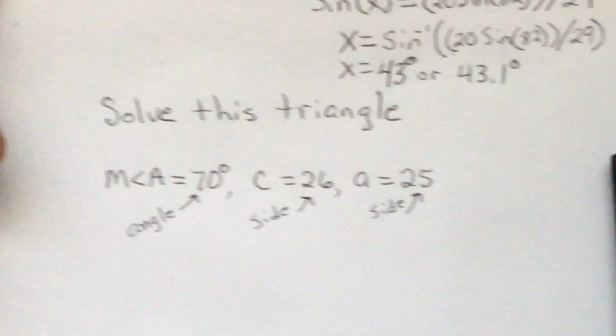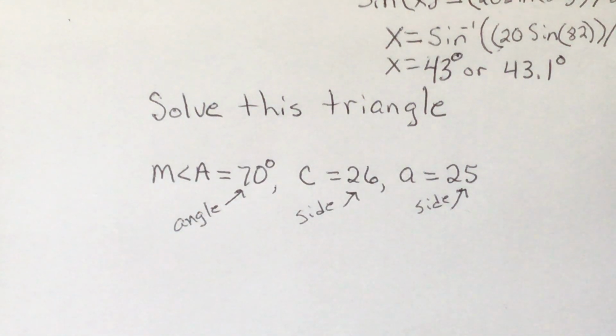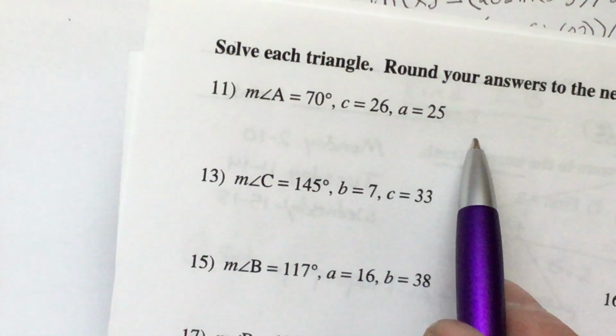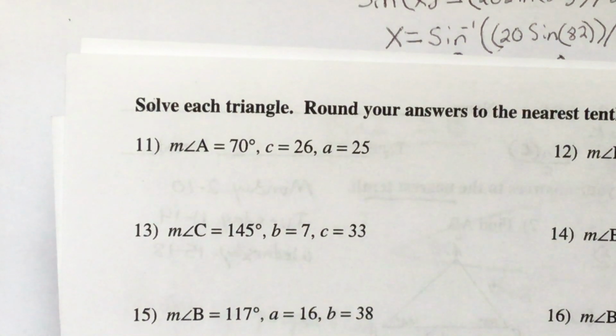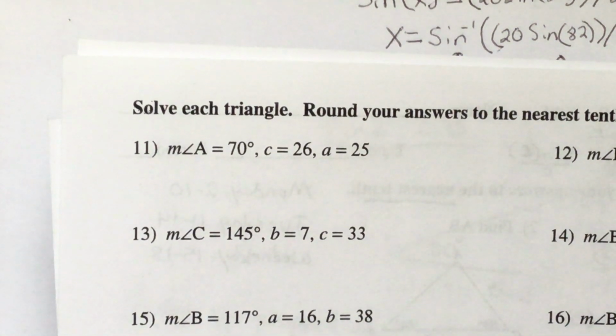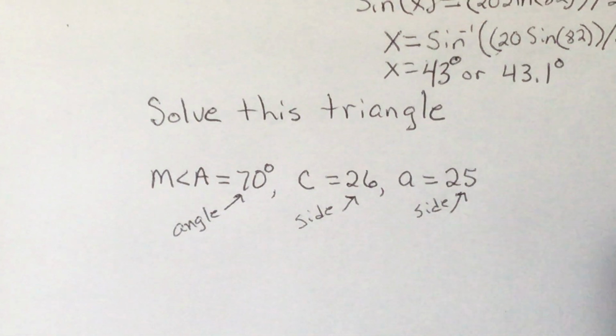Oh, looky here. Solve this triangle. In your work, this is actually number 11. I'll show you how to solve a triangle. Solving a triangle means that you come up with all three side measures, all three angle measures. The law of sines allows us to do that.